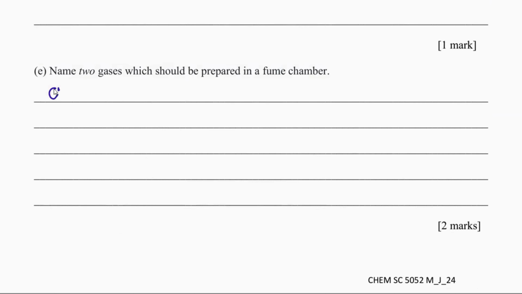So an example is chlorine gas, okay, and hydrogen sulfide, okay, chlorine gas and hydrogen sulfide.